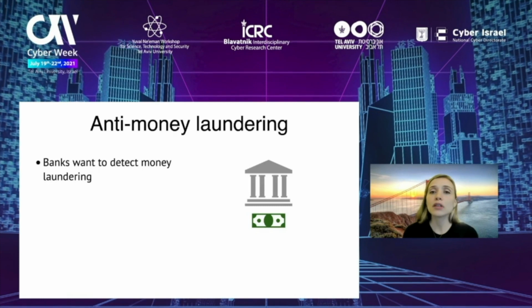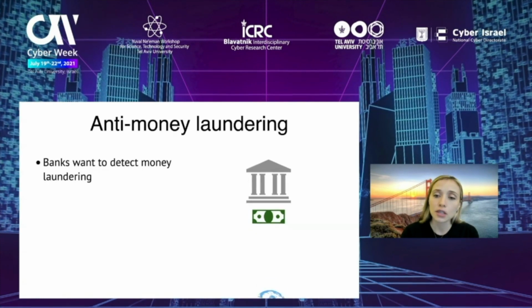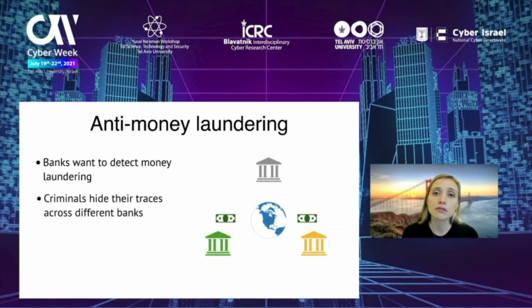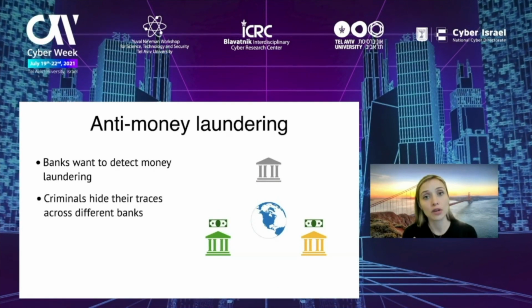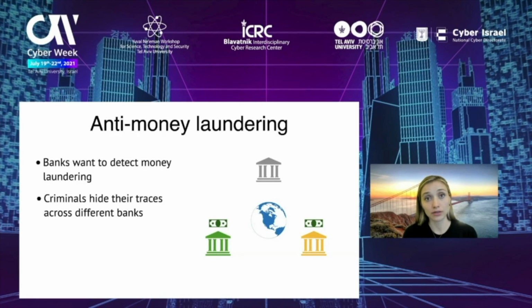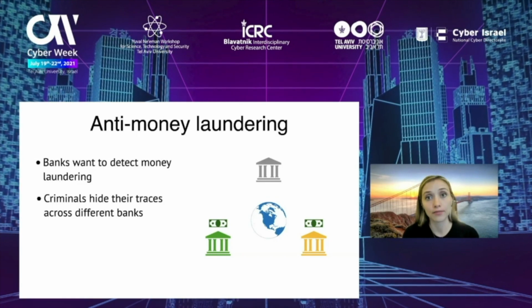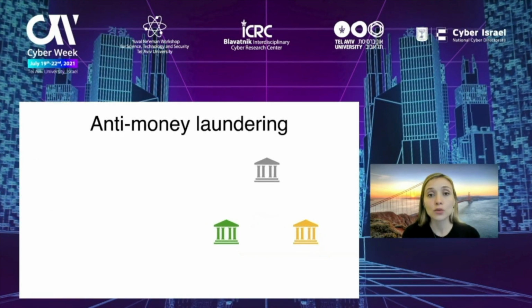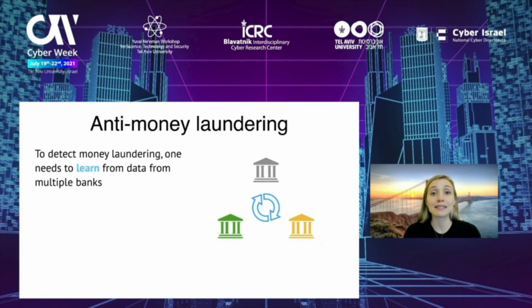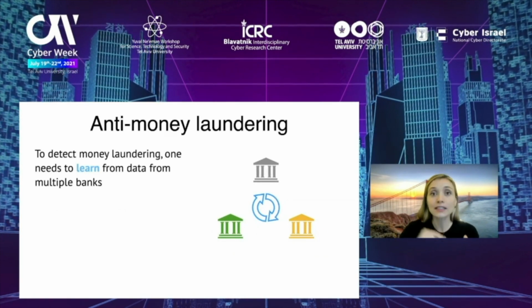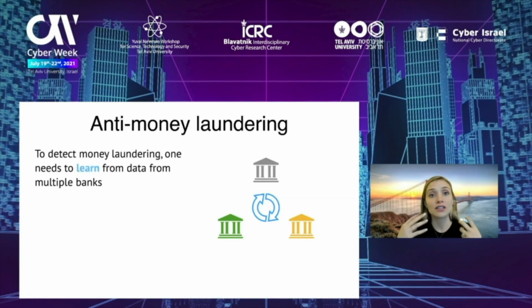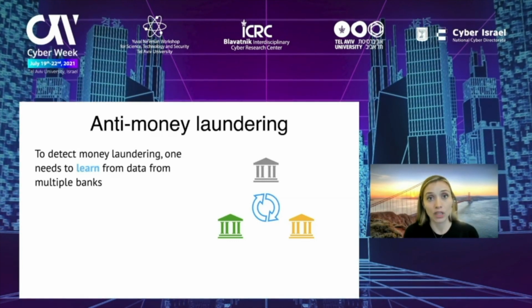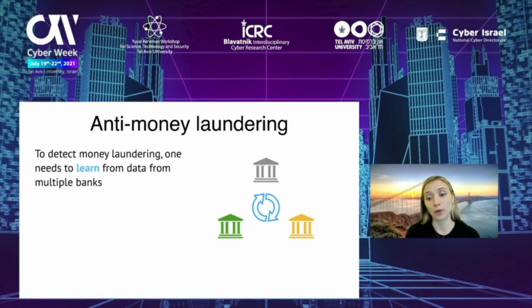But because the criminals are hiding their traces across the different banks, any one bank alone has a really hard time detecting these criminals by looking only at its data. This is why the banks would really like to put all this data together and start identifying the loops, transactions that these criminals make. It becomes much, much easier to detect them that way.